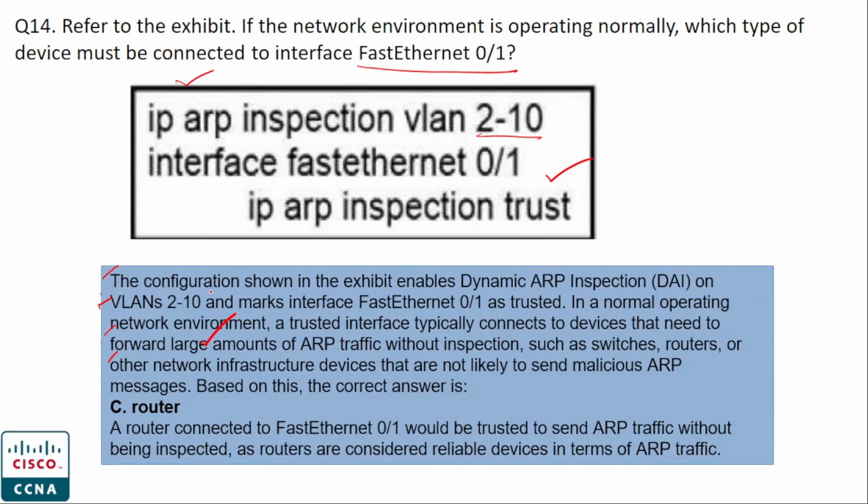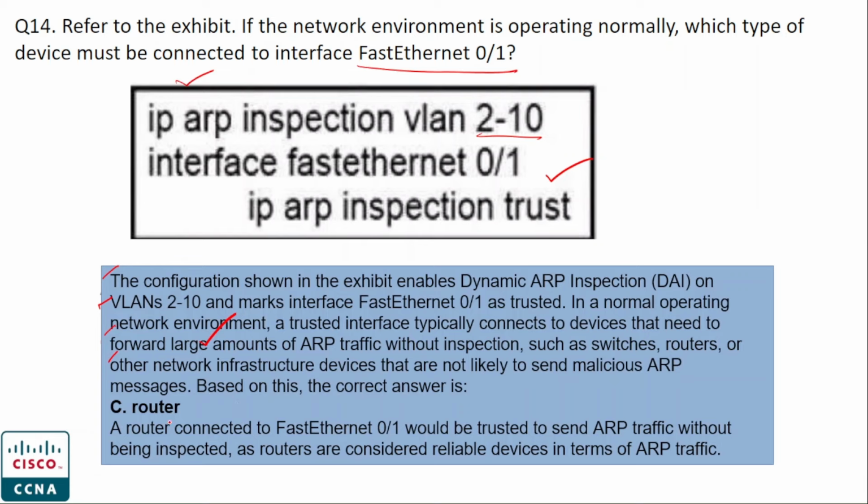And why is that? It is because the configuration shown in the exhibit enables dynamic ARP inspection on VLAN 2 to 10 and makes interface FastEthernet 0/1 trusted. In a normal operating network environment, a trusted interface typically connects to devices that need to forward large amounts of ARP traffic without inspection, such as switches, routers, or other network infrastructure devices that are not likely to send malicious ARP messages.